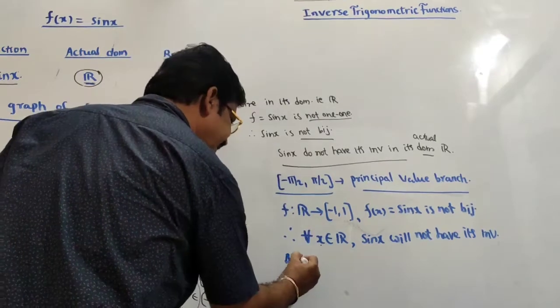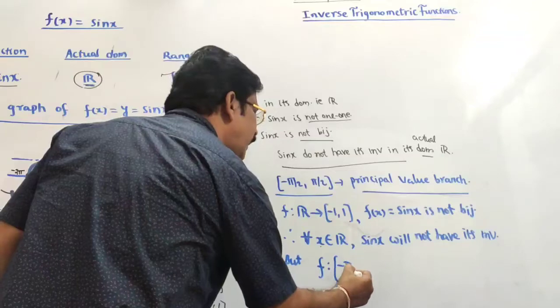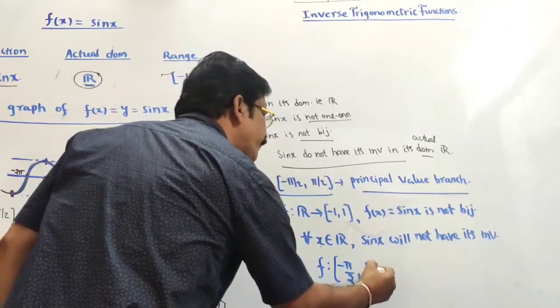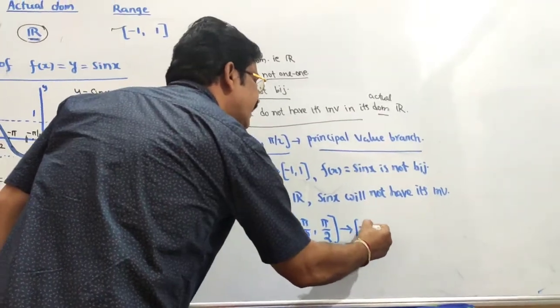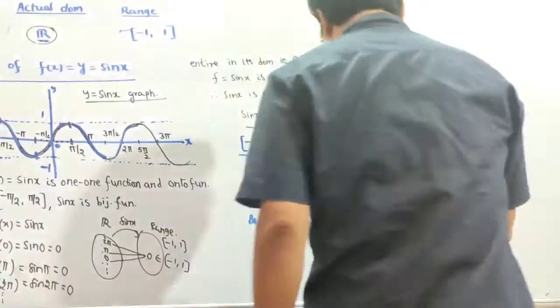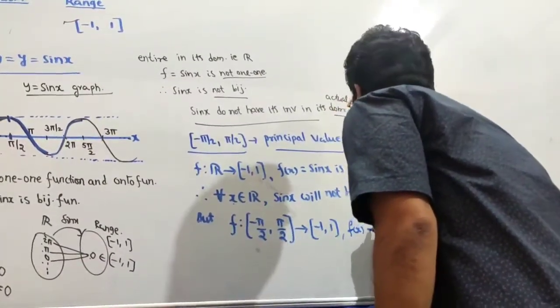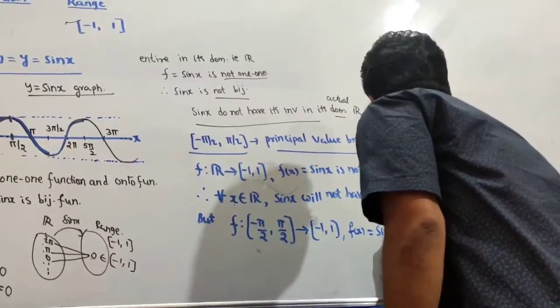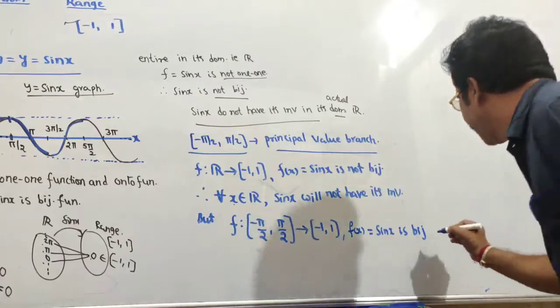But in the restricted area, means f from the closed interval of minus pi by 2 to plus pi by 2 to the closed interval of minus 1 to 1, the range should not be changed in any case, in this area f of x equal to sin x is bijective.